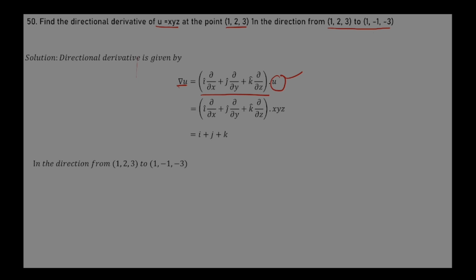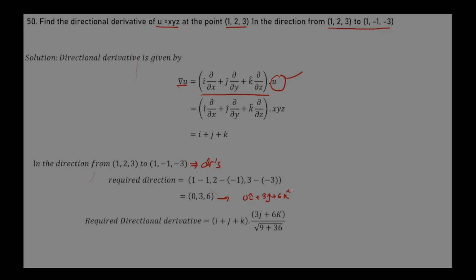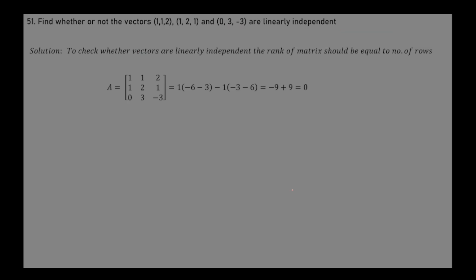Now in the direction 1, 2, 3 to 1, minus 1, minus 3, we have to find the direction ratios. The direction ratios are 0, 3, 6, so the required direction is 0i plus 3j plus 6k. So this is the required directional derivative. Straightforward question.